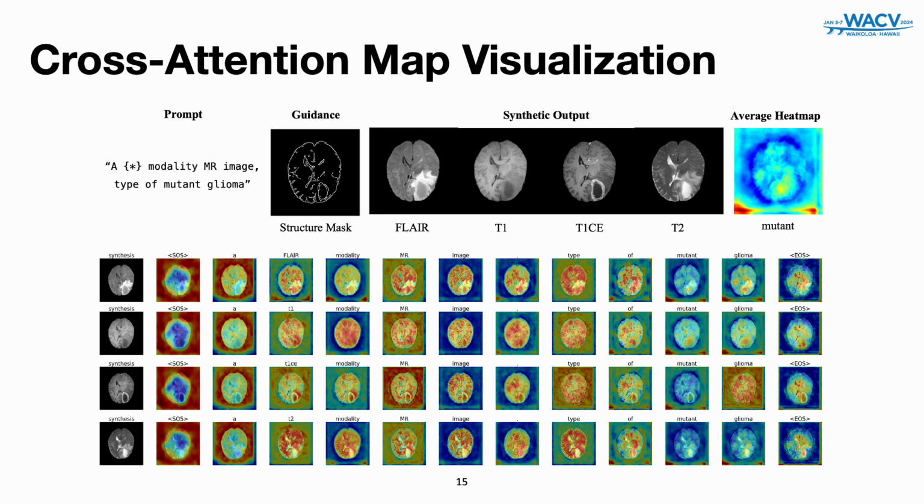Meanwhile, the x-axis arranges the words derived from the input prompt in order. The cross-attention layer emerged as a key factor in determining the attributions between text and image for each word. Activation maps for mutant or wild type for each sequence were averaged to obtain an average tumor heat map.